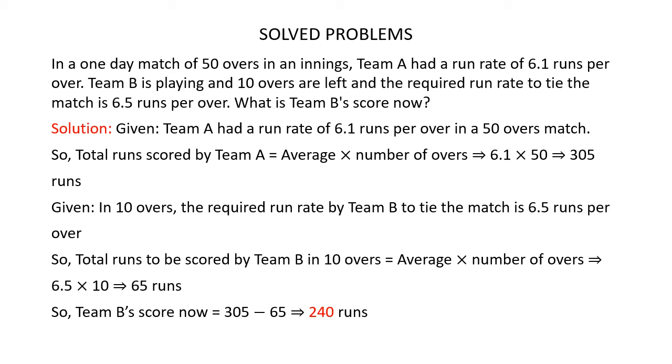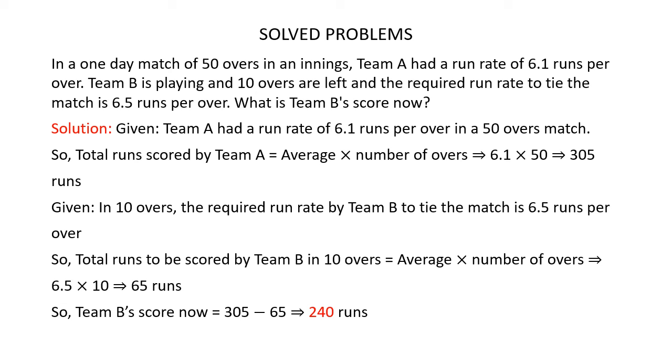Now it's given that Team A had a run rate of 6.1 runs per over in a 50 overs match. So the total runs scored by Team A is equal to average multiplied by number of overs, which is 6.1 multiplied by 50, that is 305 runs. So Team A scored 305 runs in 50 overs.